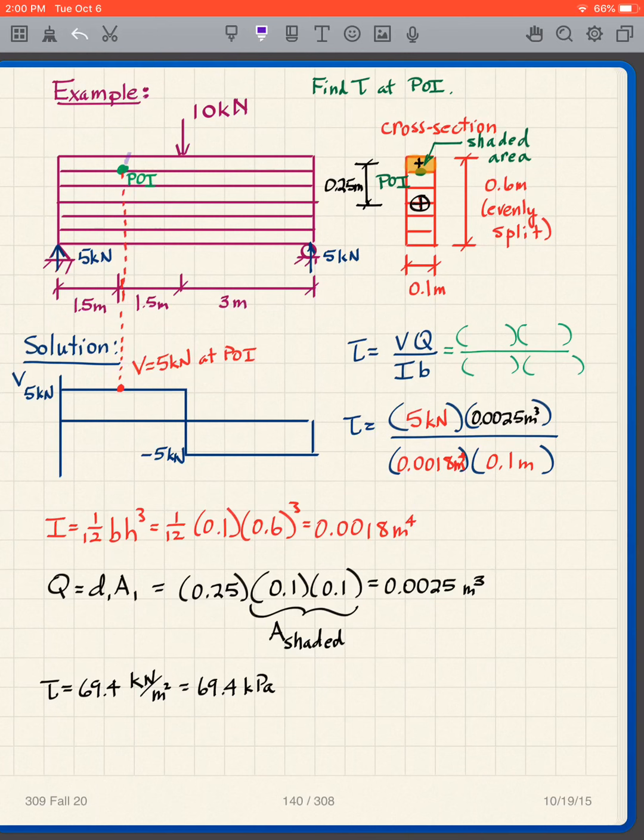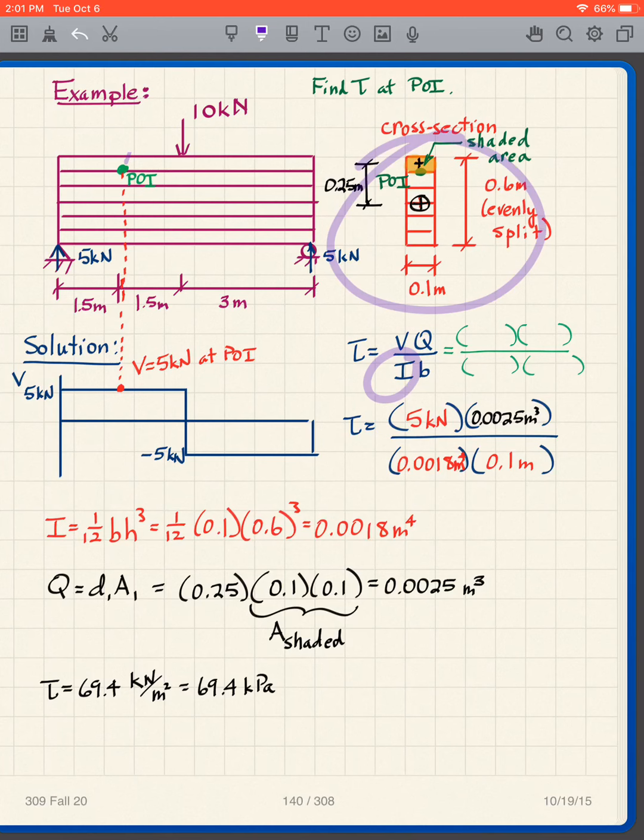That's easy. So all I'm doing is filling in this expression, tau is equal to VQ over IB. And like I said, the V, the I, and the B, they're easy. So it's the Q that's the only hard part. So let's do the easy ones first. V is 5 kilonewtons from the shear diagram. I is what? Well, this is a rectangle, so life is easy.